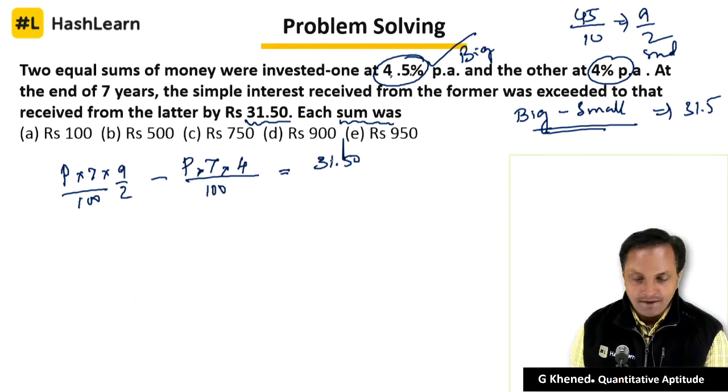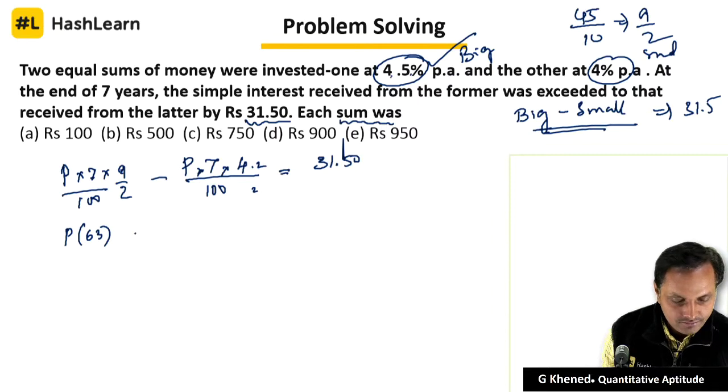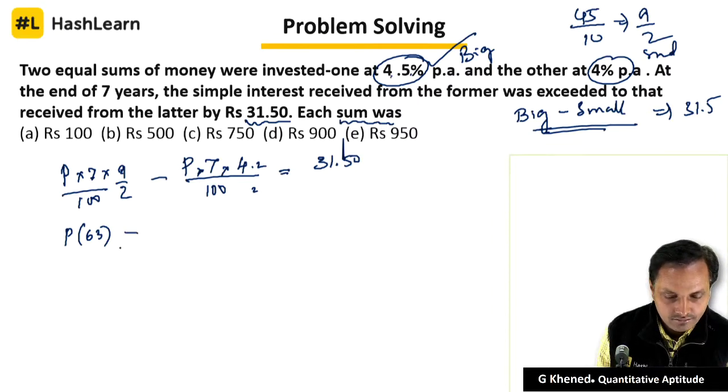Once you do the simplification, how will you do the calculation here? You multiply by 2, divide by 2, so that 9 sevens are 63. This is multiplied by 2 and divided by 2, so that this is 56, and you will have 200 in the denominator.